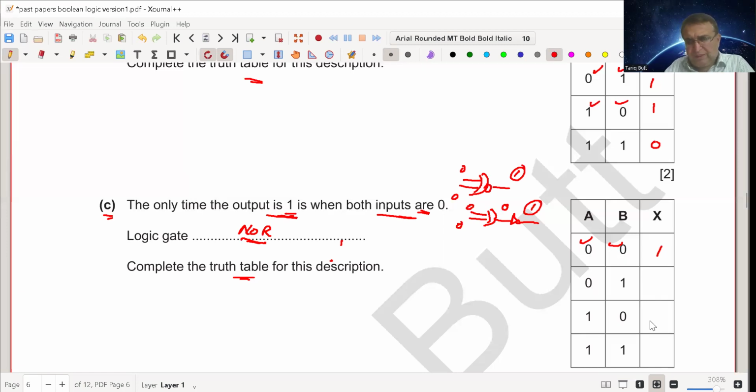For the other rows, output will be 0. How? You have to OR them first and then invert. 0 OR with 1 is 1, and then invert it, 0. 1 OR with 0 is 1, and then invert it, 0. 1 OR with 1 is 1, and then you invert it, output is 0. So that's it. I hope it is clear.